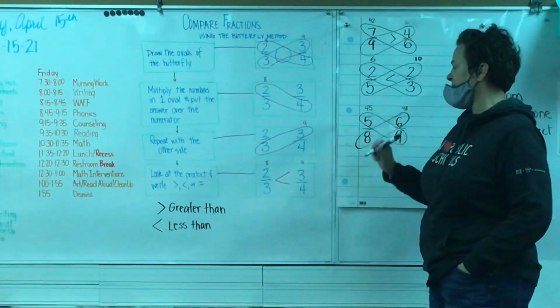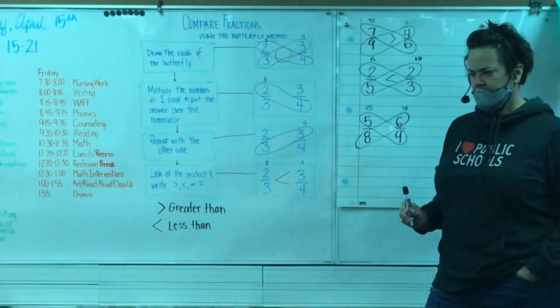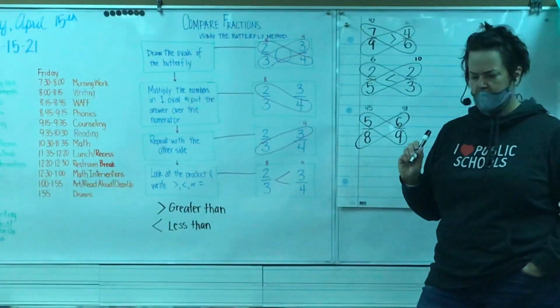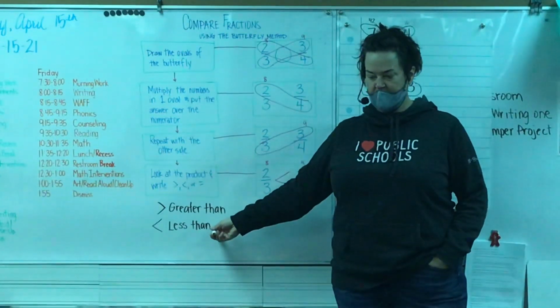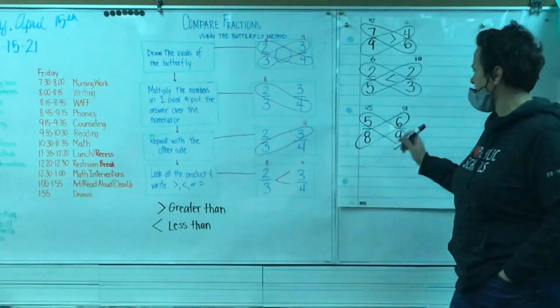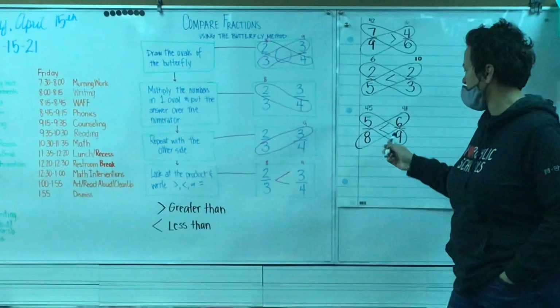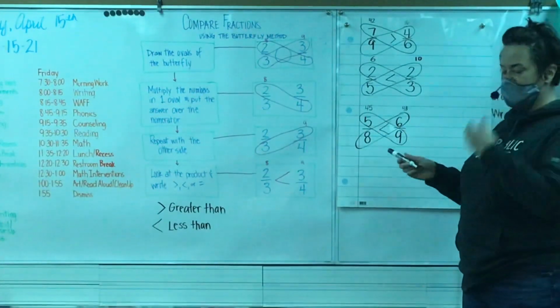So is 45 greater than 48? Is 45 less than 48? Yes. Are they equal? No. So 45 is less than 48. So that means 5/8 is less than 6/9.